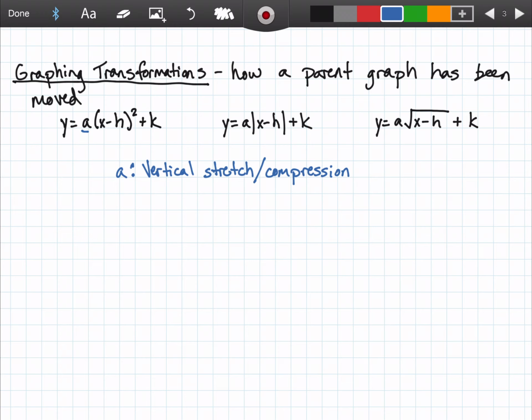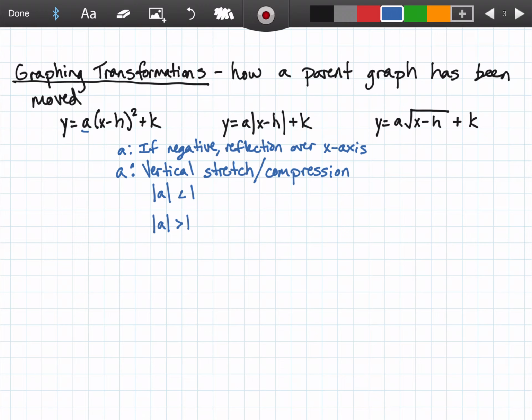And also, if A is negative, it's going to represent a reflection over the x-axis. When I'm talking about vertical stretch and compression, I'm going to talk about the absolute value of A being less than 1 or greater than 1, because the negative just signifies a reflection.